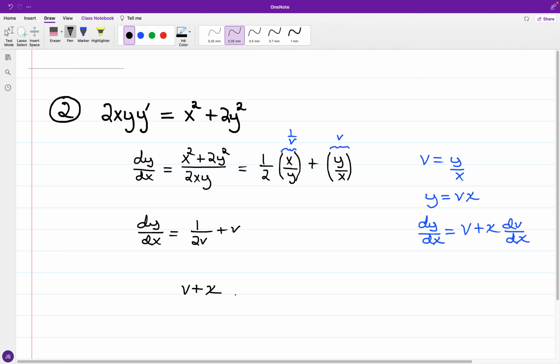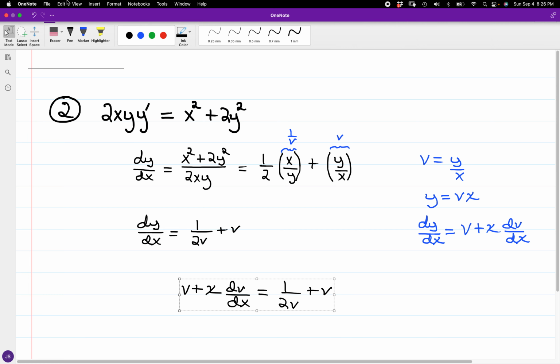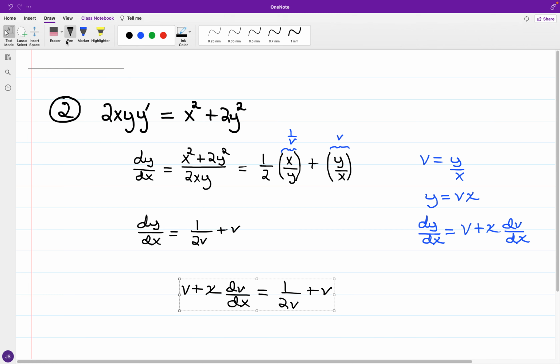So I have v plus x dv over dx is equal to 1 over 2v plus v.